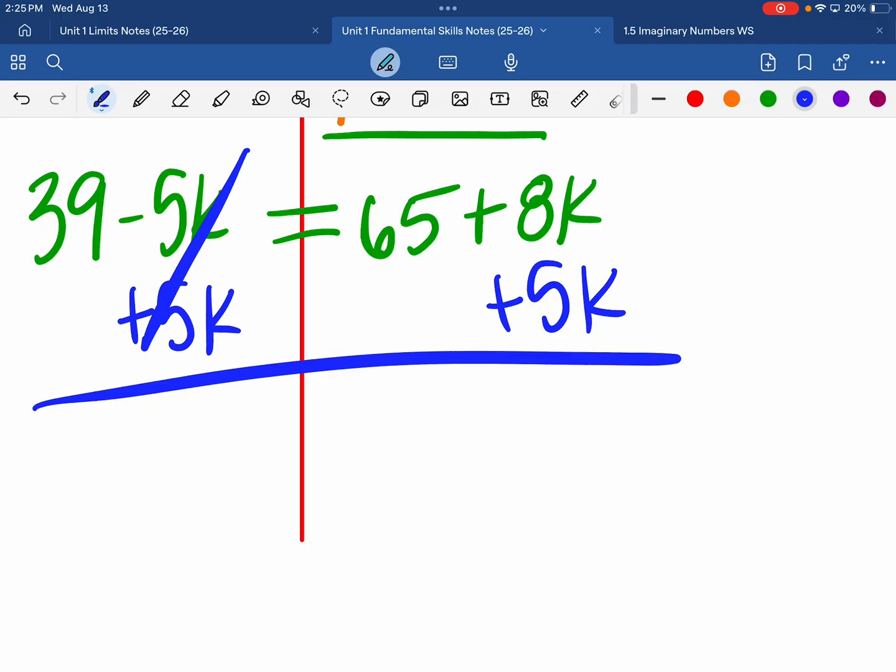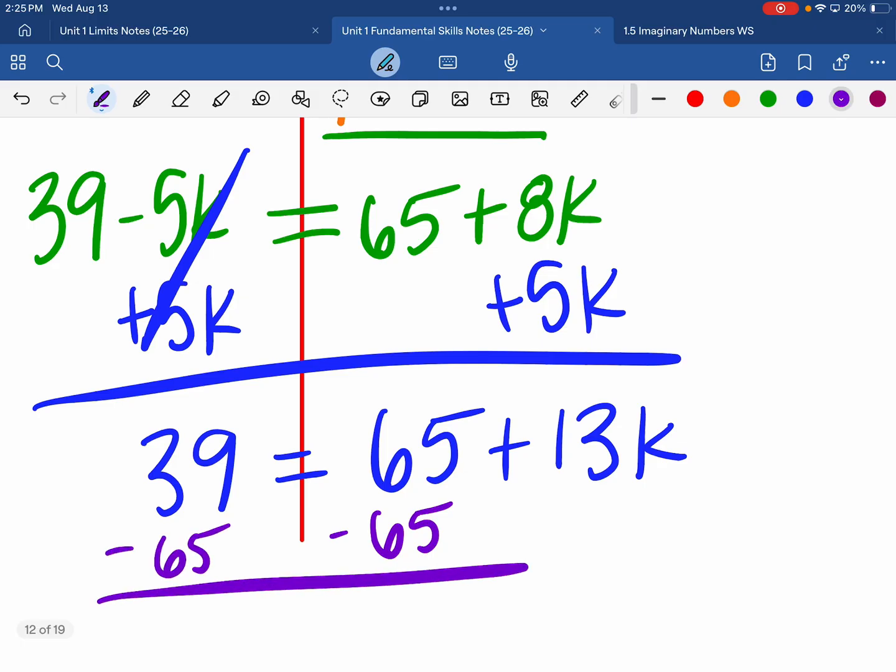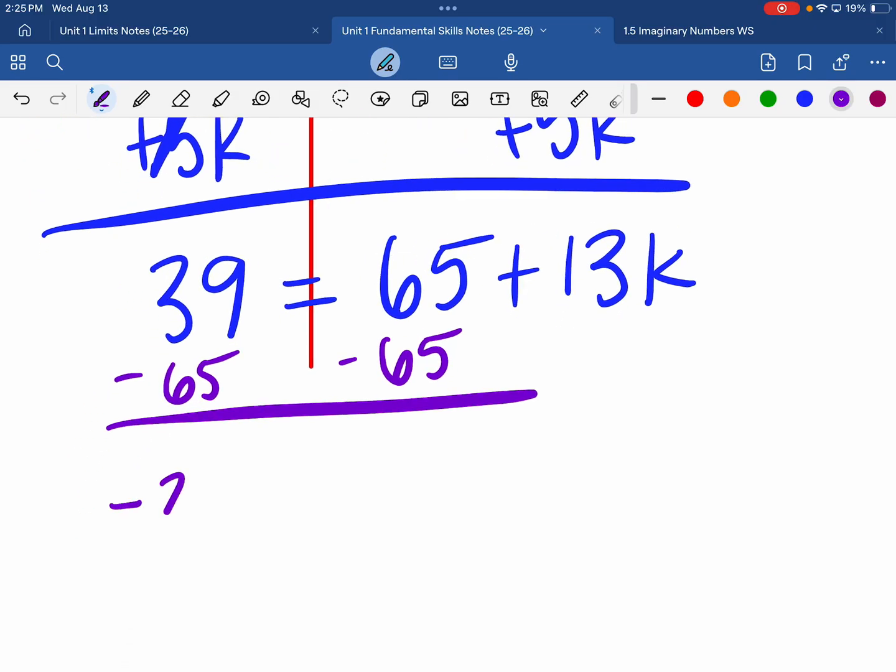All right, so over there we're going to cancel, and I'm going to drop down the 39. And I've got 65 plus 13k. Once you move your letters together, then we can start solving for k and getting k by itself. So I'm going to minus 65, which I think is going to give me -26.